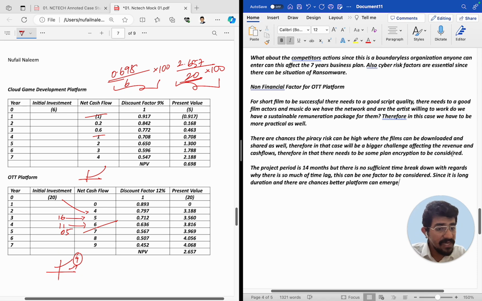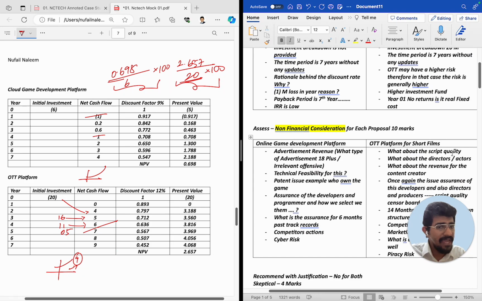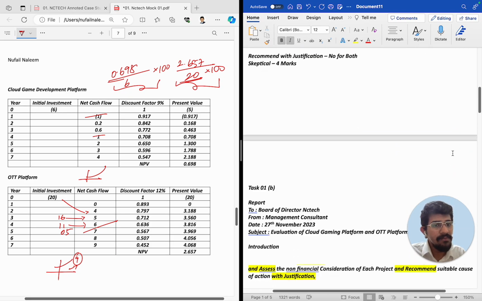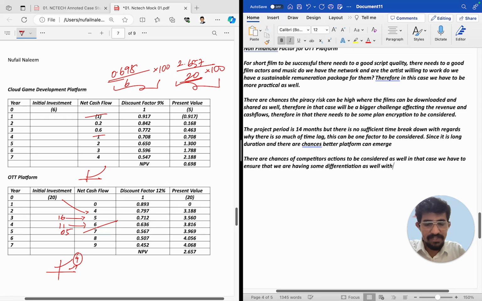So I believe this gives you an even better understanding of how these things work, so nothing to worry about with regards to that. And then students, competitors' action, so I'll write down here, there are chances of competitor actions to be considered as well. In that case, we have to ensure that we have some differentiation with regards to the contents we produce.